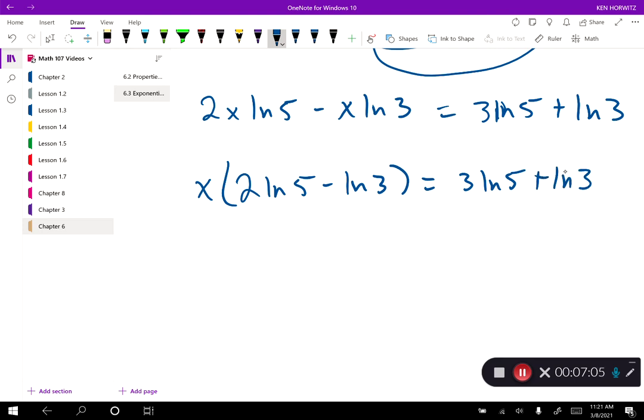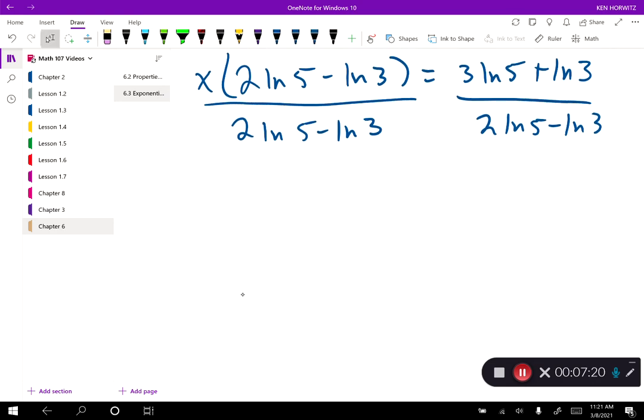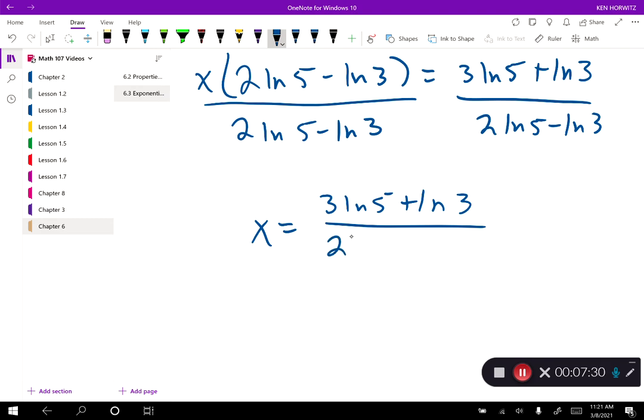Now I'm going to divide both sides by what's in my parentheses. And I get x equals 3 ln 5 plus, excuse me, ln 3 over 2 ln 5 minus ln 3.